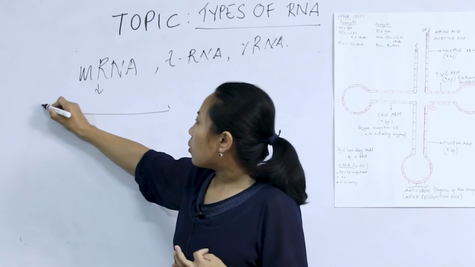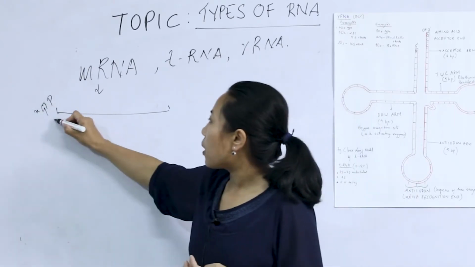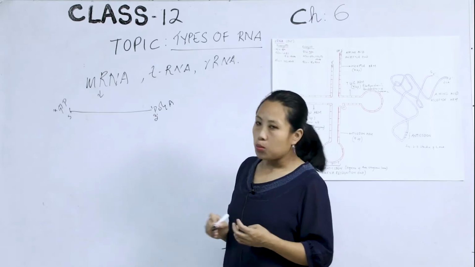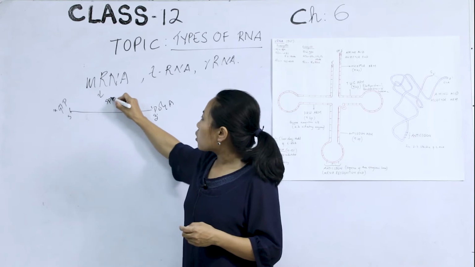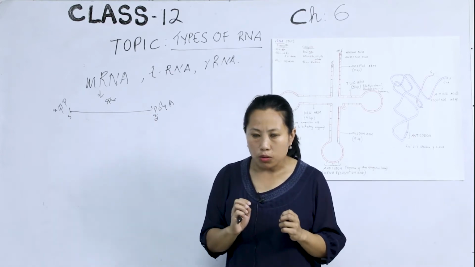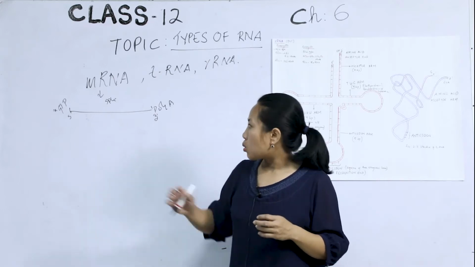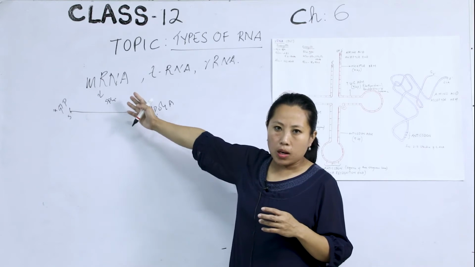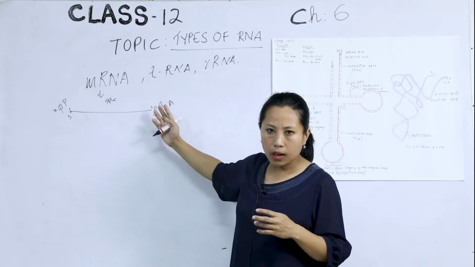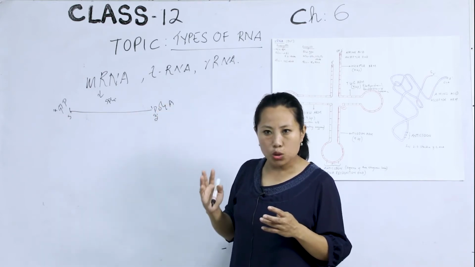A methyl guanosine triphosphate cap is added at the 5' end and a poly-A tail at the 3' end to make it stable, and it also undergoes splicing, the removal of the introns, which are the non-coding intervening sequences between the coding regions. So this mRNA undergoes capping, splicing, and polyadenylation to make it stable, active, and matured, ready for translation to take place.